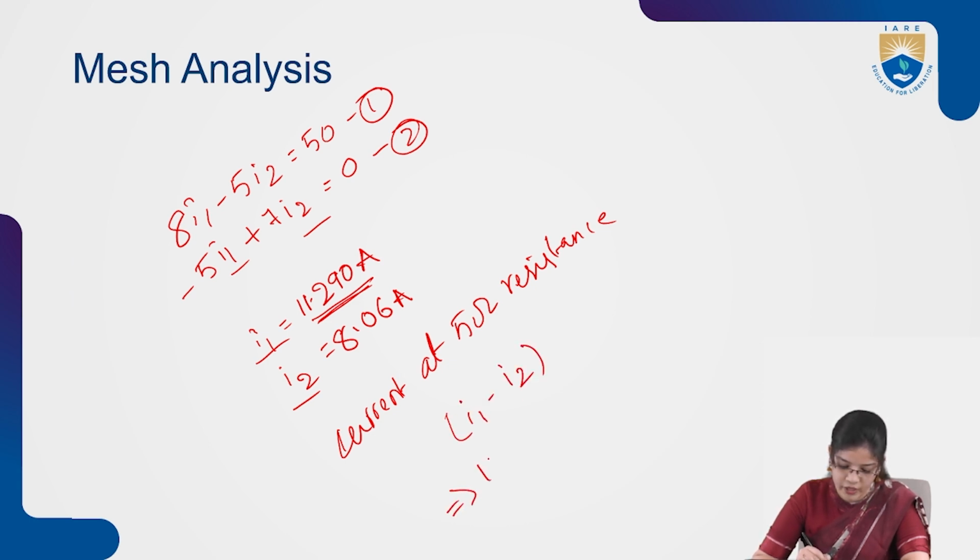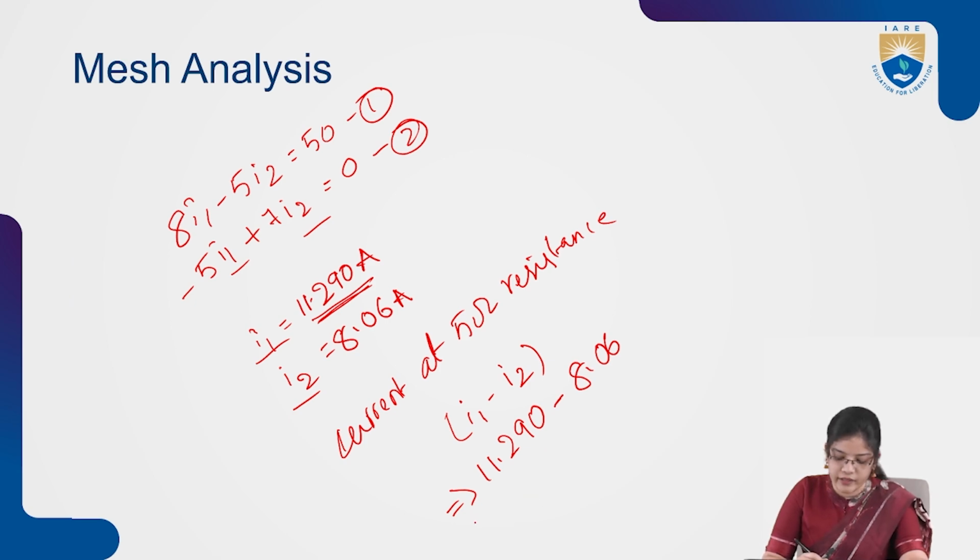Then the value of I1 is 11.290 minus 8.06. So if we calculate the current across the 5 ohms resistance, the value will be 3.23 amperes.